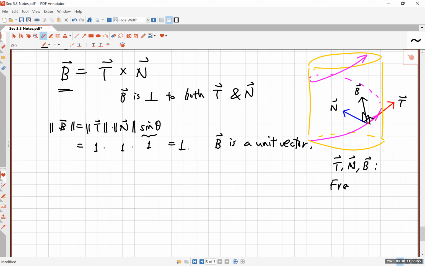It's a French word. It's a small local version of the XYZ axis. If you happen to be right here, and you want to decide your XYZ axis locally, then you use T, N, and B, which are all perpendicular to each other. That is your small Euclidean world around you, and that is called the Frenet frame.